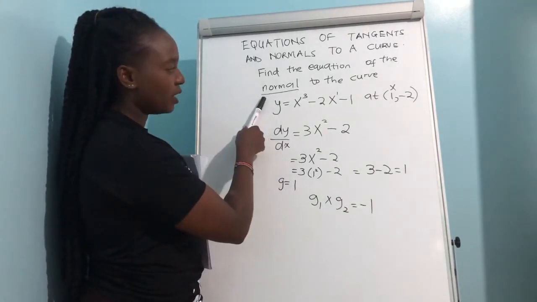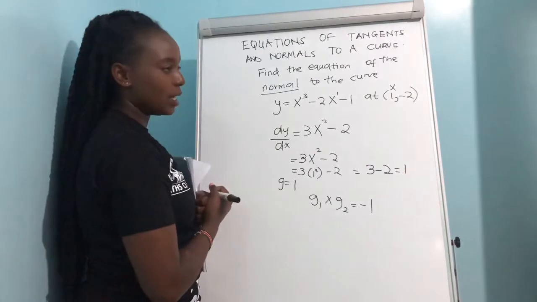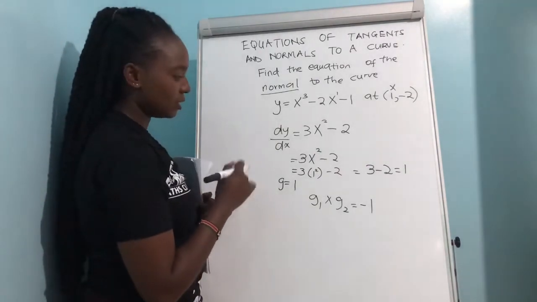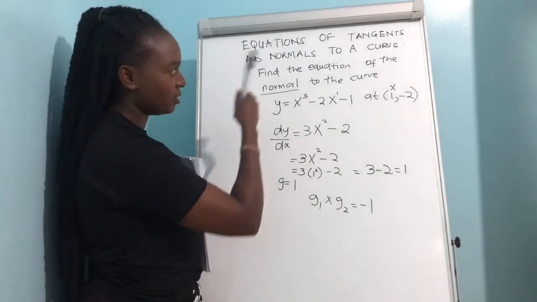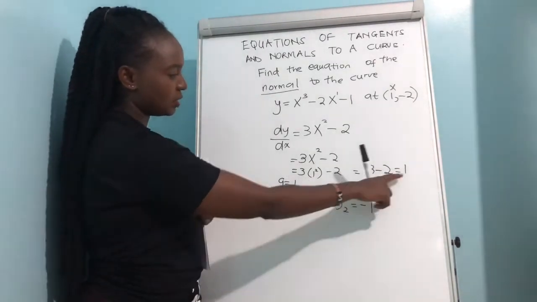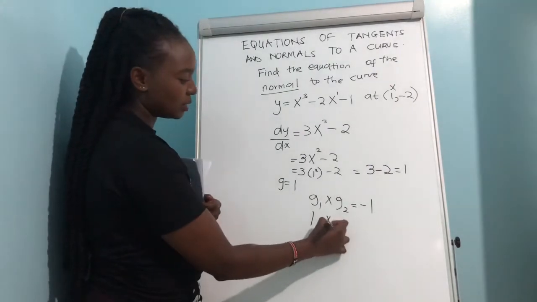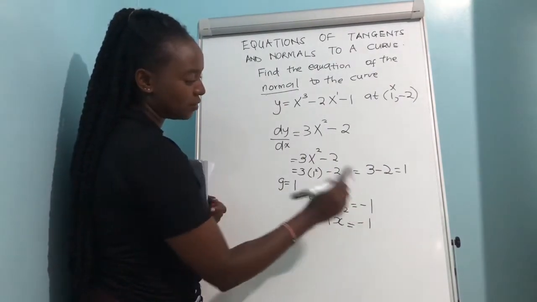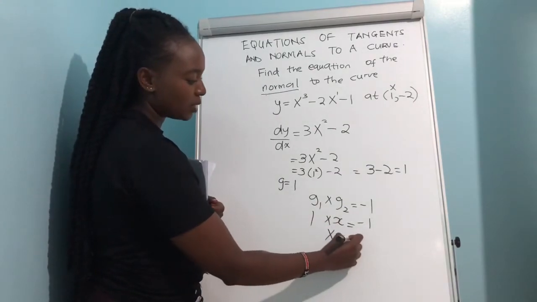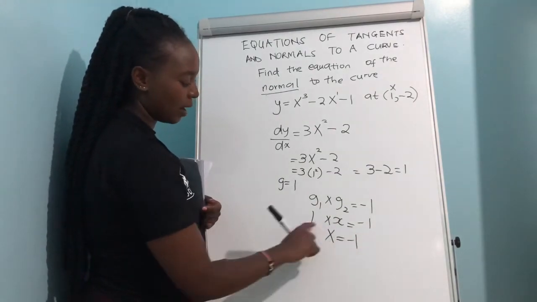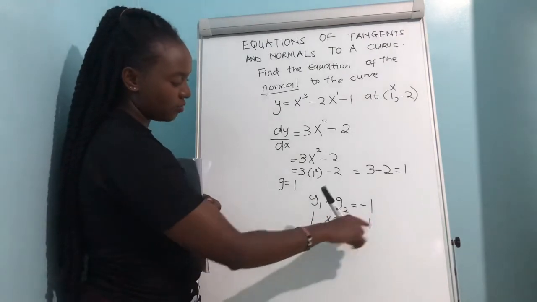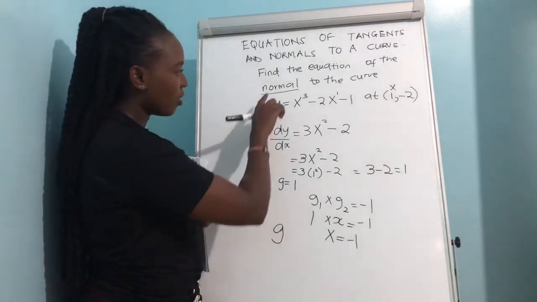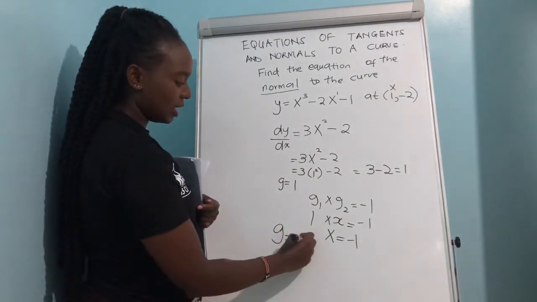Since the normal is perpendicular to the tangent, 1 times x, which we don't know for the normal, equals negative 1. So x becomes negative 1.